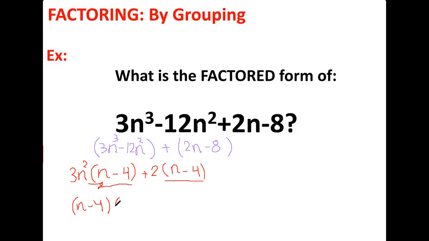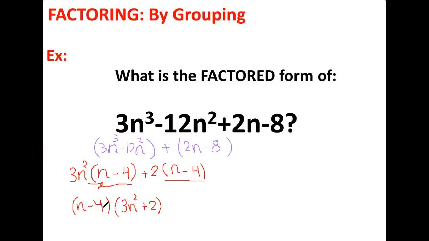Then we will start to divide and find the remainder. So it will be 3n to the power of 2 plus 2. So this is how we can factorize by using GCF.